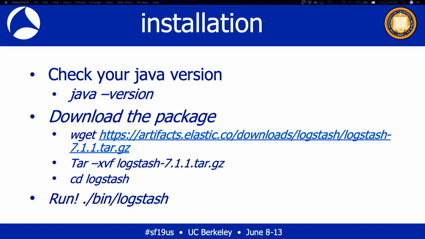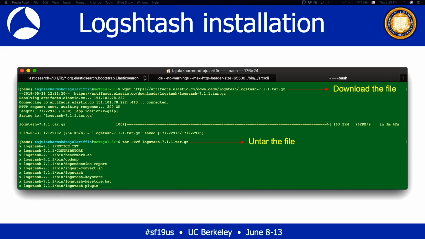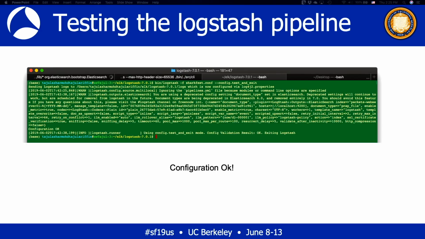So this is how to download the version of Elasticsearch. We have to have Java. This is the installation process, and then we do some pipeline, and then we're going to test it.